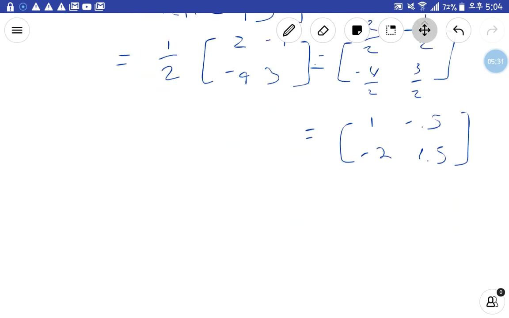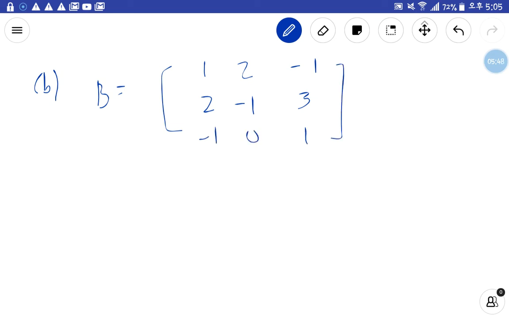Now the 3 by 3 matrix is a little bit complicated, so I need you guys to pay attention. B is 1, 2, negative 1, 2, negative 1, 3, negative 1, 0, 1. That's what we have. Can you look at page 536 quickly?